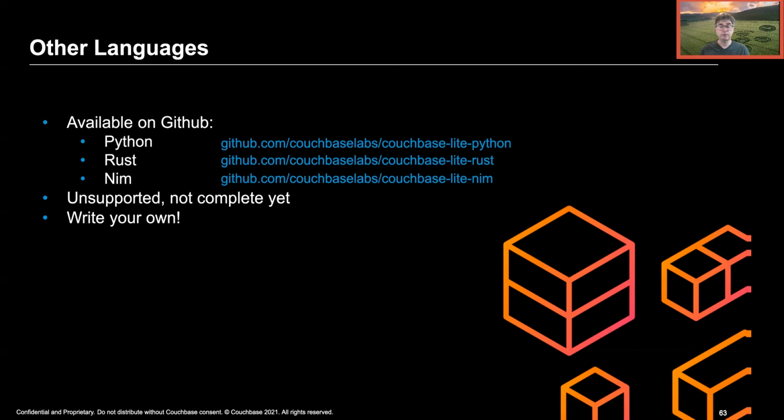And you can write your own. I hope you get a sense that we've paid a lot of attention to making this API very clean and regular. And that means it's easier to write bindings for it. We found it quite easy to write the bindings that we wrote, and other languages should work pretty well too. So we'd love to see an ecosystem of other language bindings for Couchbase Lite for C.